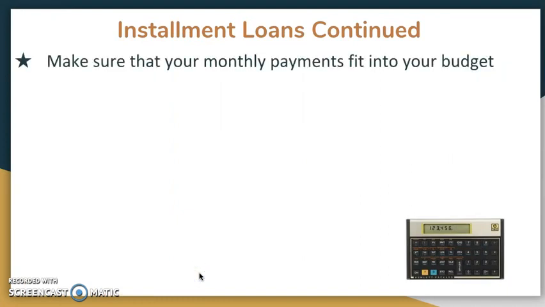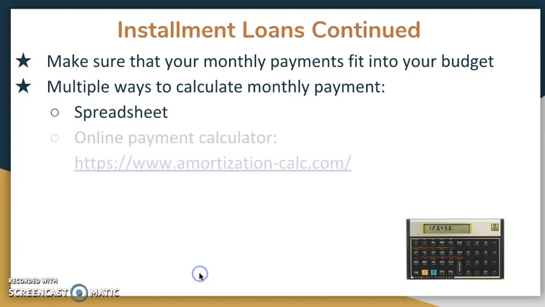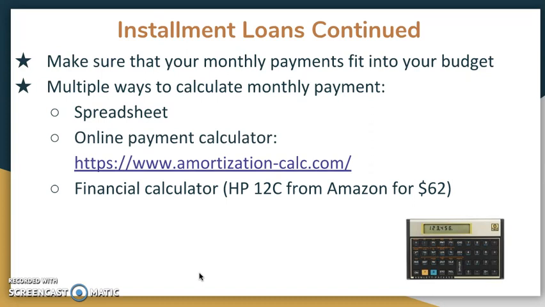Make sure that your monthly payments of your loans fit into your budget. There are multiple ways to calculate your monthly payment. You can use a spreadsheet, an online payment calculator, or a financial calculator like you see here, the HP 12C. This one you can get from Amazon for $62.